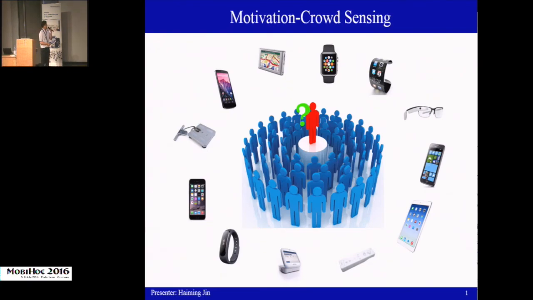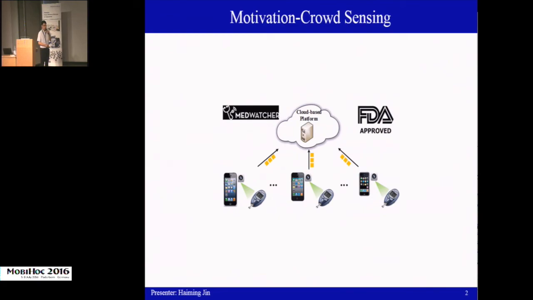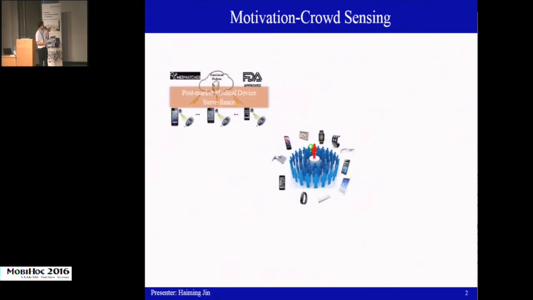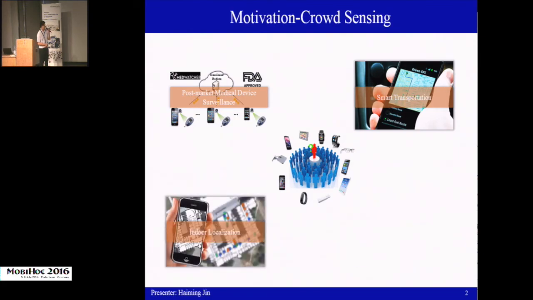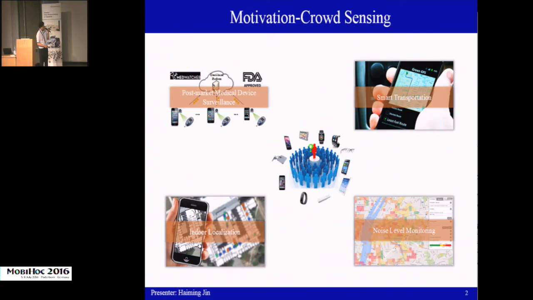One example of such a mobile crowd sensing system is the US FDA-approved MedWatcher system, where the platform requires participating users to submit photos about medical devices, and then the platform analyzes these photos to help identify visible problems with the devices. This system is basically used for post-market medical device surveillance, and other examples include crowdsourcing based smart transportation, indoor localization, noise level monitoring, and so forth.